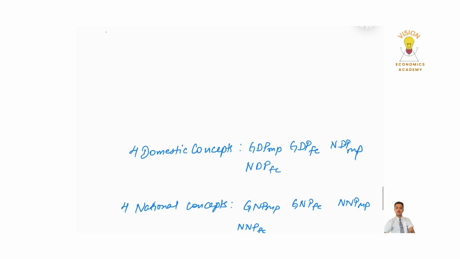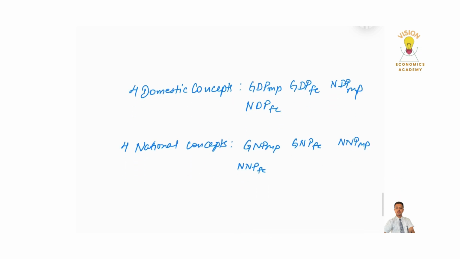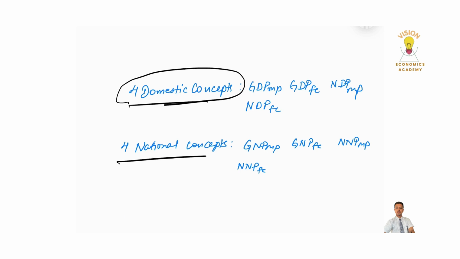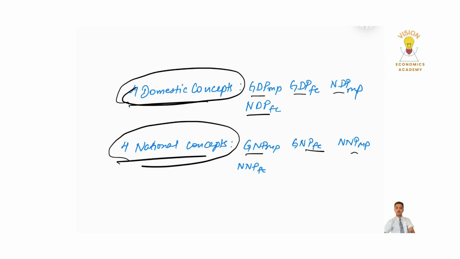So these are the four domestic concepts and four national concepts of national income. We have discussed all these concepts, and also the relationship between these concepts.